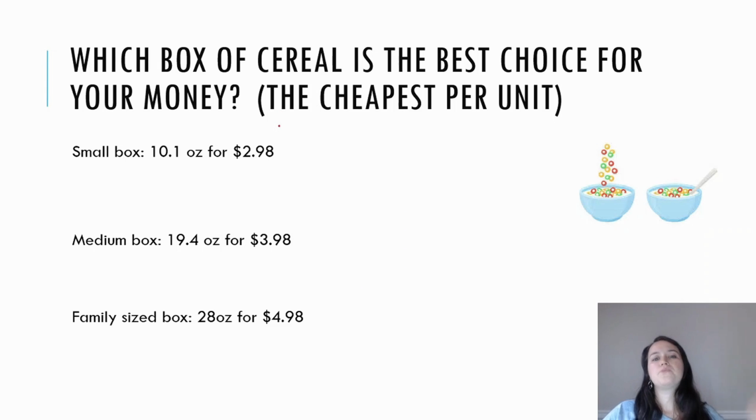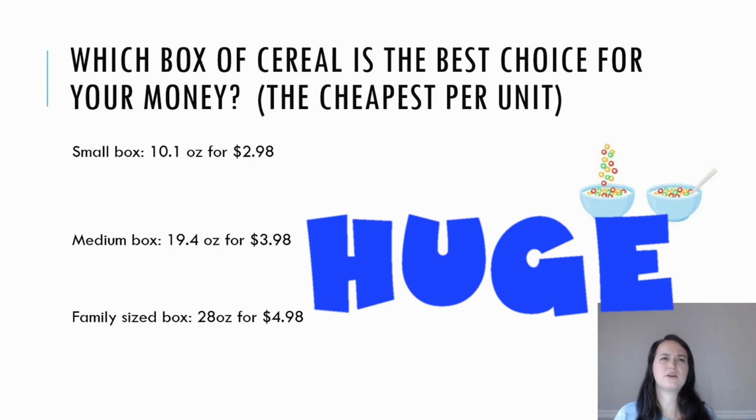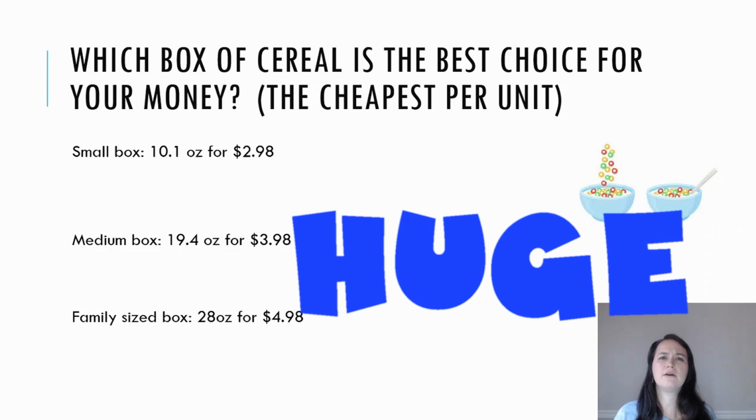I'm going to talk about boxes of cereal for this one. Which box of cereal is the best choice for your money? When you go to the grocery store, they may have the same cereal in multiple sizes, right? You have those cute little teeny tiny boxes, and then you have the huge family size box, or I've even seen a mega family size box.